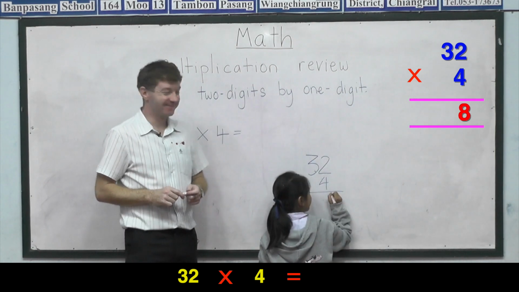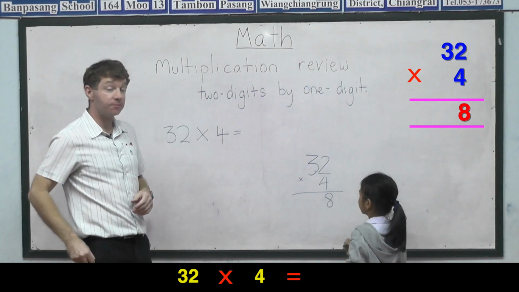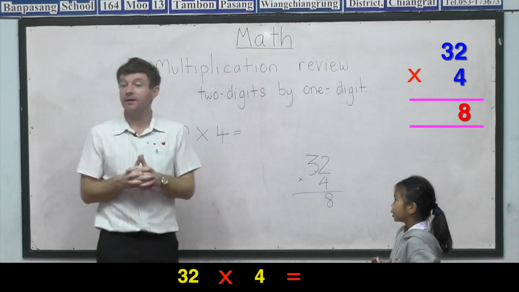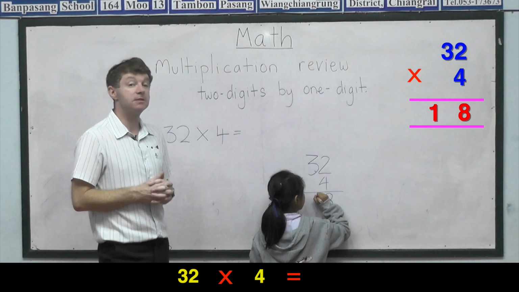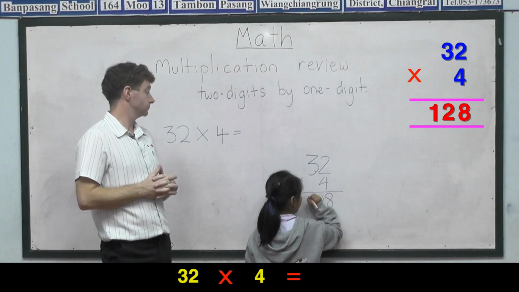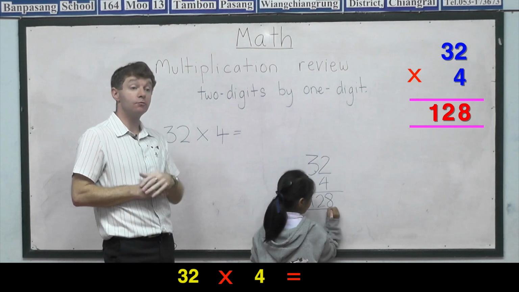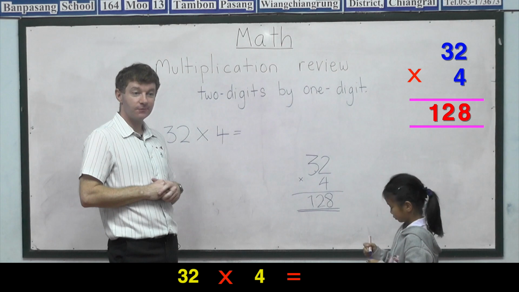Very good. So we write 8 in our ones column. And step 2, 4 times 3 equals 12. So we write that in our tens column. And then we also move into the next column, which is hundreds. So there you go. Are you ready?